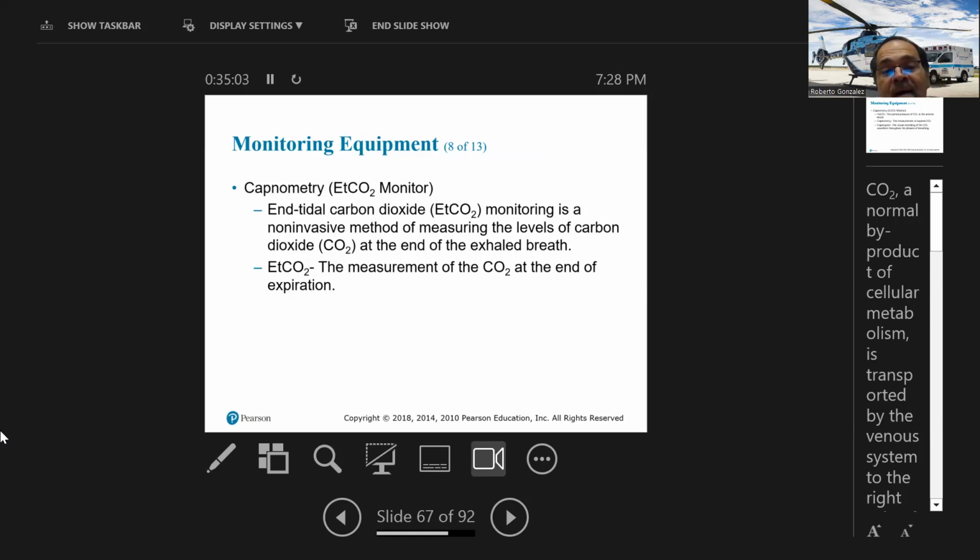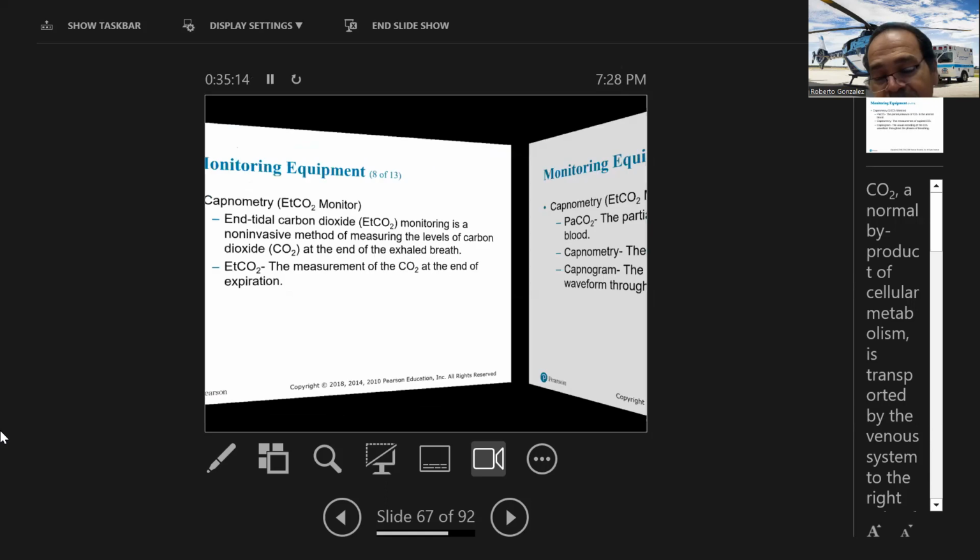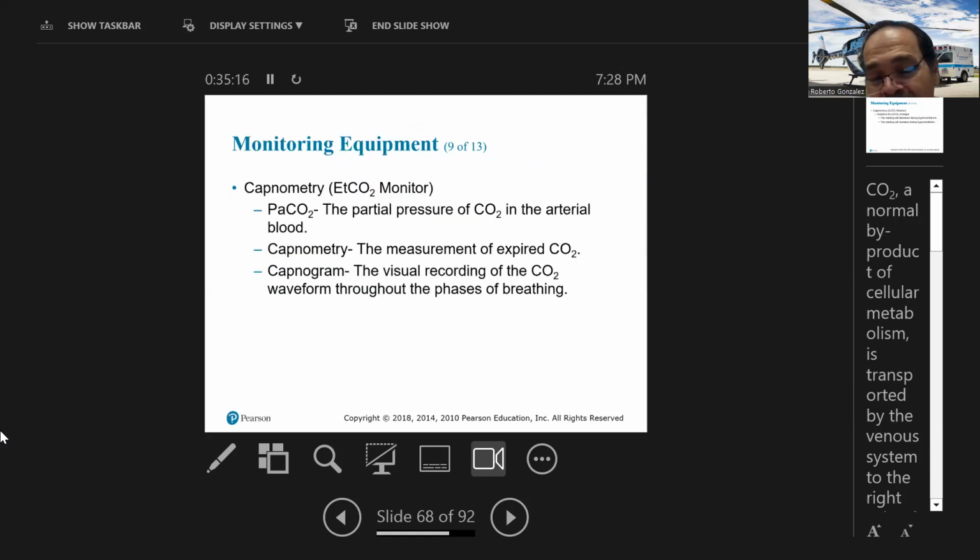At the end of the exhaled air, EtCO2, is the measurement of the CO2 at the end of expiration. So basically, you're checking to see how much oxygen you use by finding out how much carbon dioxide you still have.